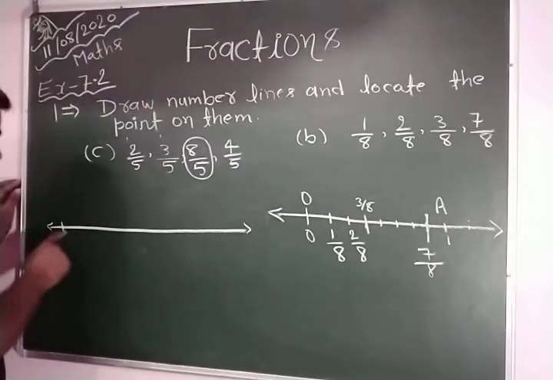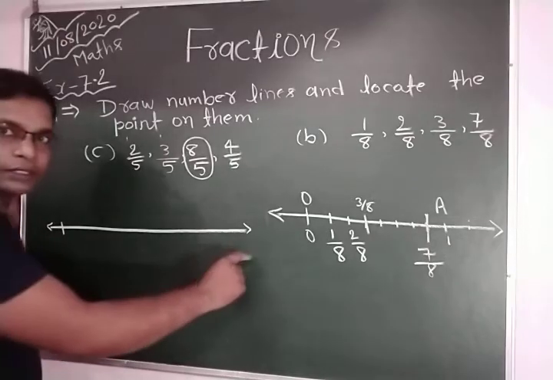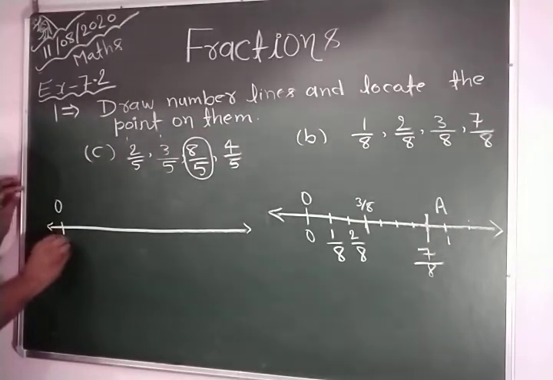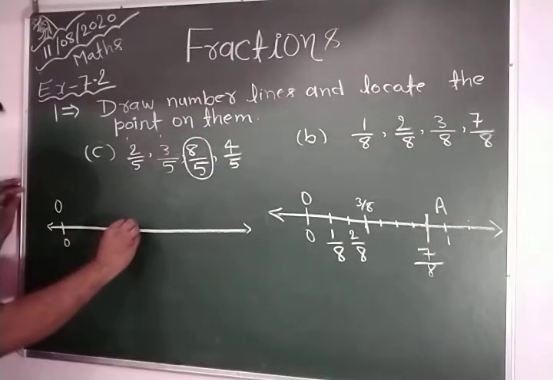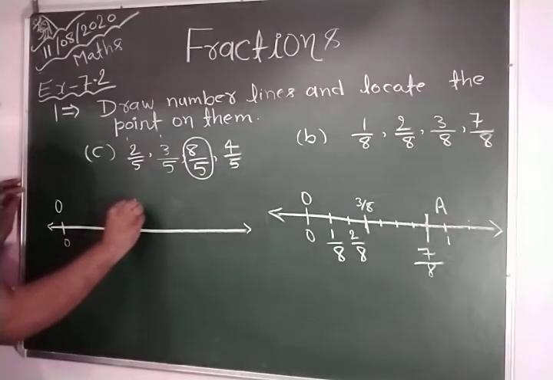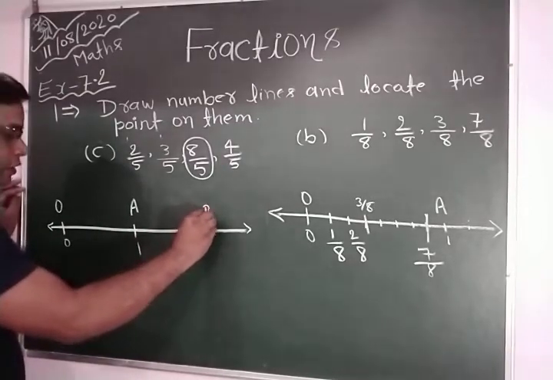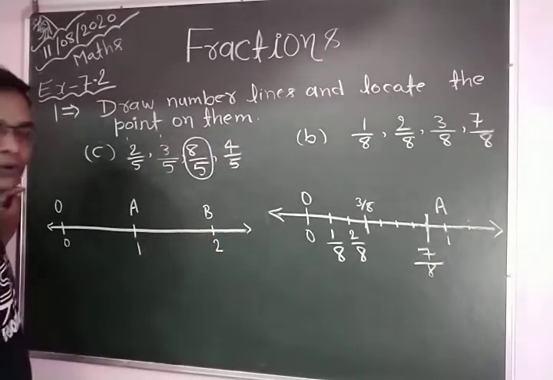So here we draw a straight line. After this plot, we take point O. This represents 0, and point A. This represents 1. Point B. This represents 2. Okay.